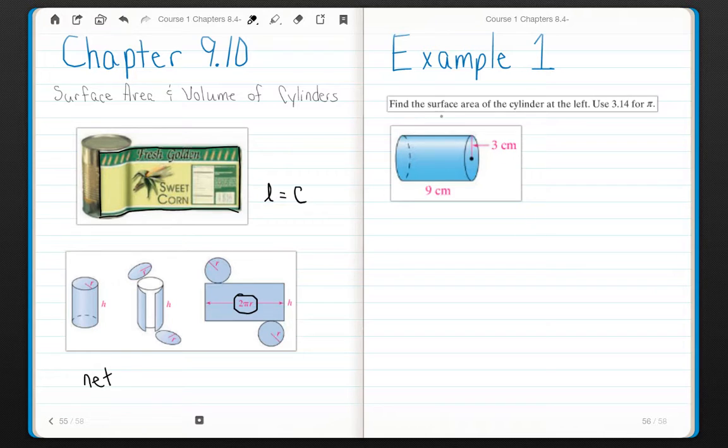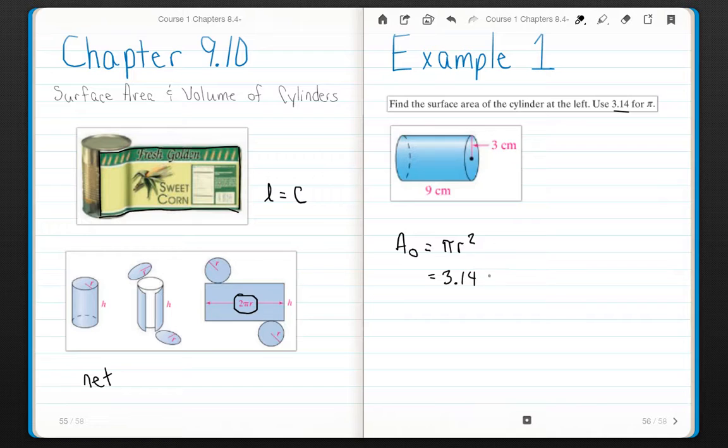So let's talk about how we find the surface area of a cylinder at the left. We're going to use 3.14 for pi today. So let's start with the circles. Area of the circle equals pi times r squared. So 3.14 times the radius, which is 3 centimeters, 3 squared. 3.14 times 3 squared is 9.